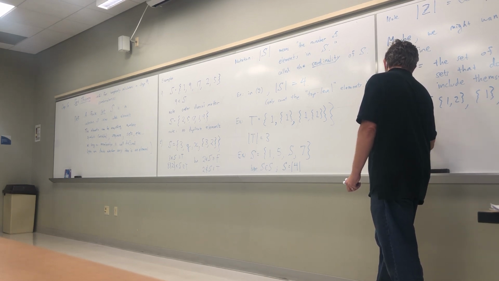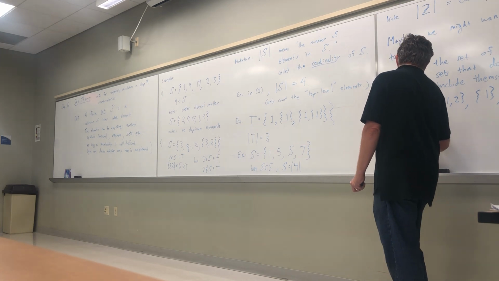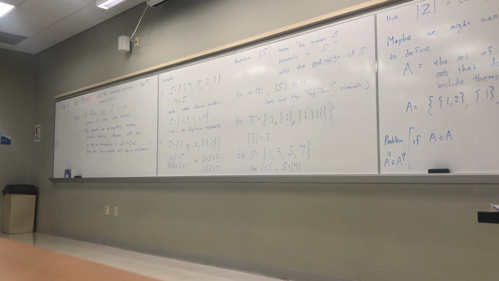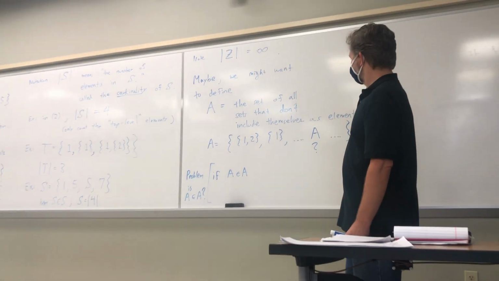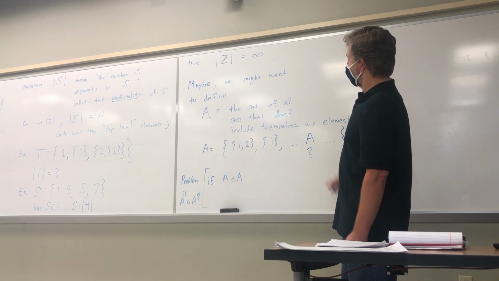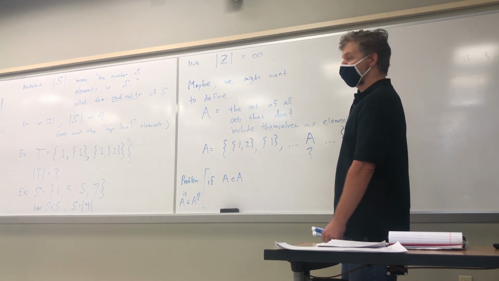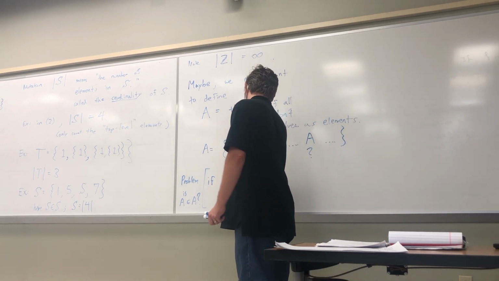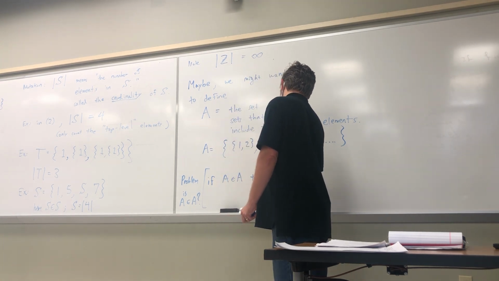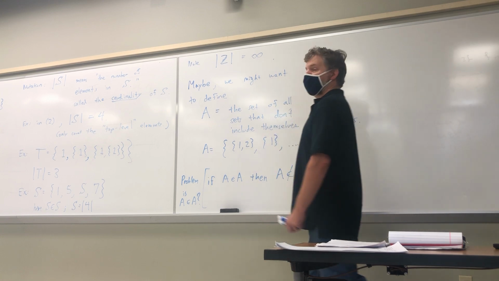Here's why that's a problem. If A is an element of A, put it in the list, then that means A includes itself as an element, but it's the set of all sets that don't include itself as an element. So if A is in that list, then you definitely have to throw it out. A can't be in that list.